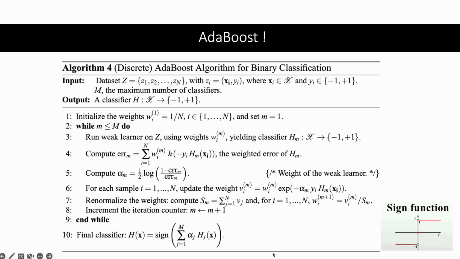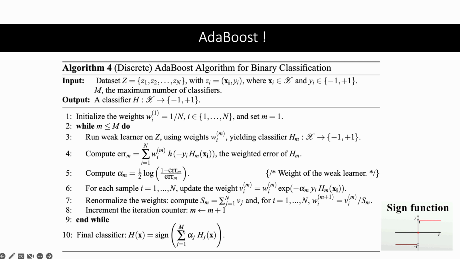So what is the sign function? My output label, first, what was it? The output prediction is positive class 1, negative class -1. This is what I have to predict. This is what I promised that my classifier will do, right? Alpha j, h j: alpha is the weight of the model, and h j is the prediction.